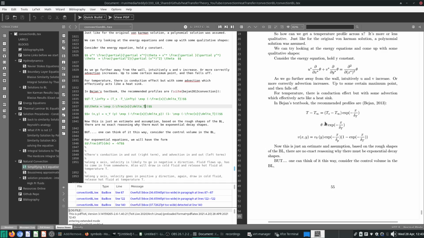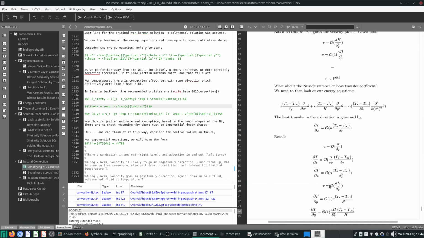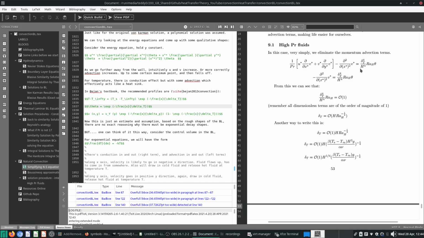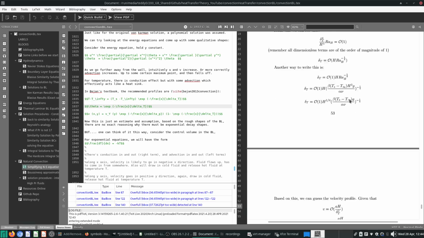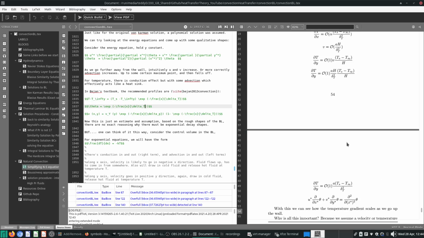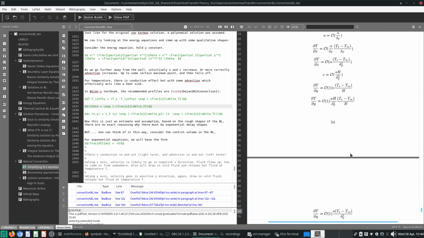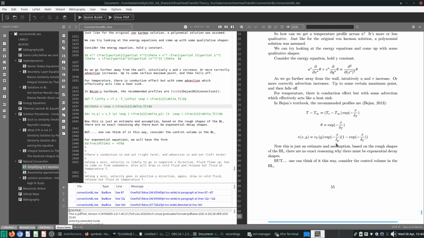So now for high Prandtl number fluids, if we assume this sort of temperature profile, or dimensionless temperature profile, we can take a look back up here, and if we substitute this dimensionless temperature profile back in here, we would know that this v star should also be in sort of an exponential curve as well. Okay.